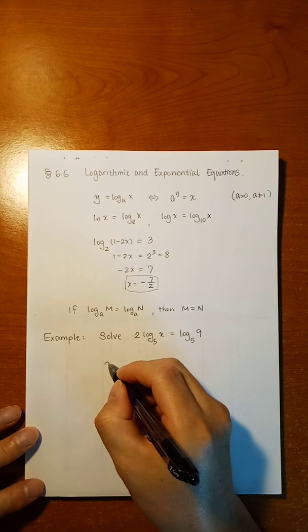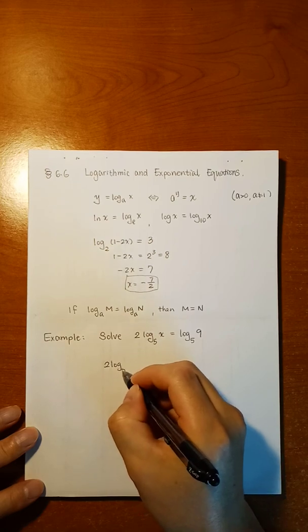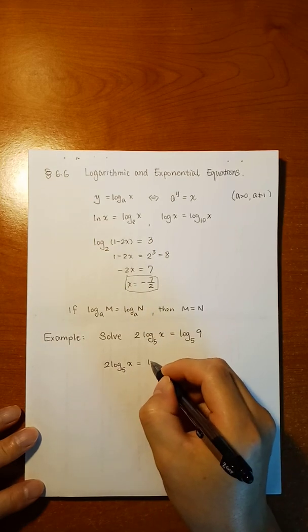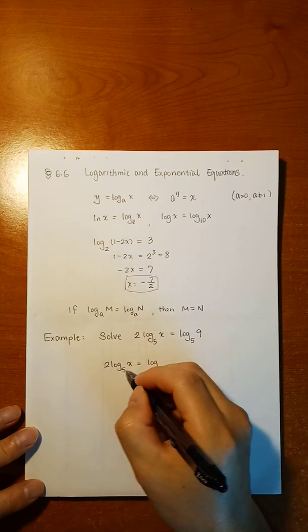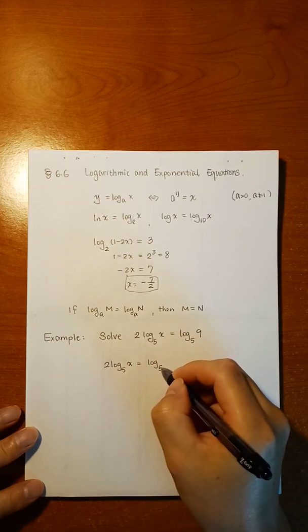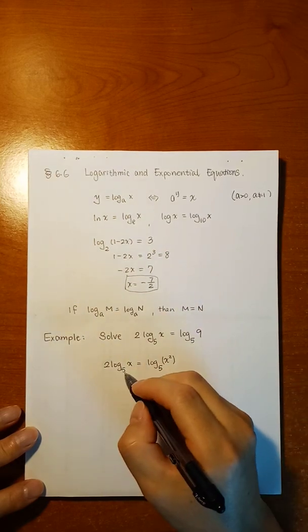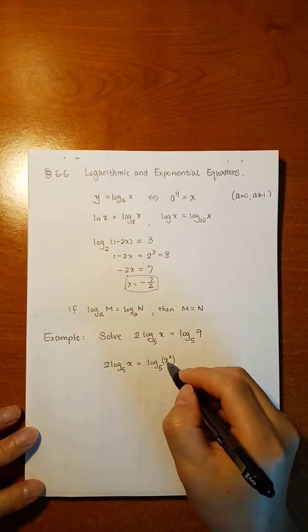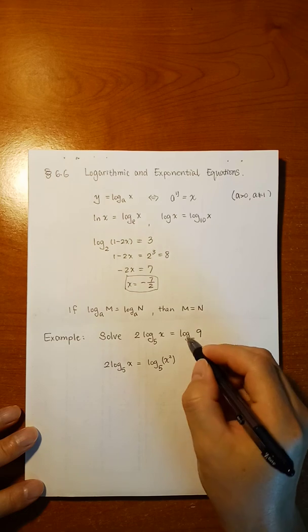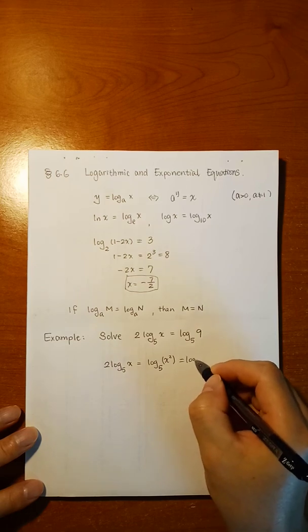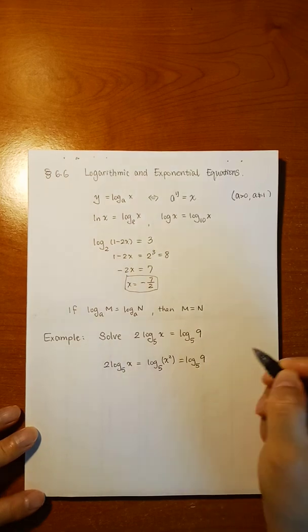So 2 log 5 of x is equal to log 5 of x squared. It is equal to log 5 of 9.